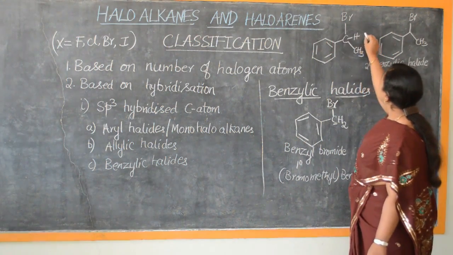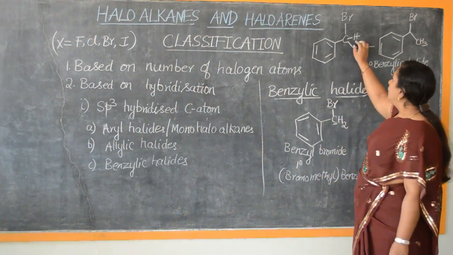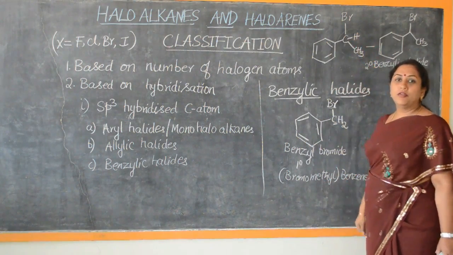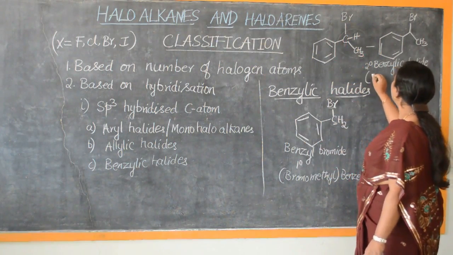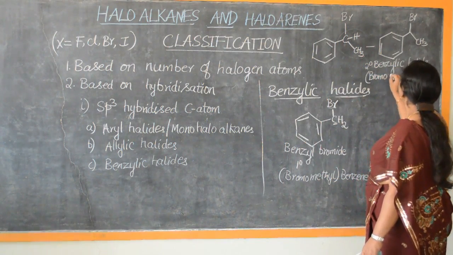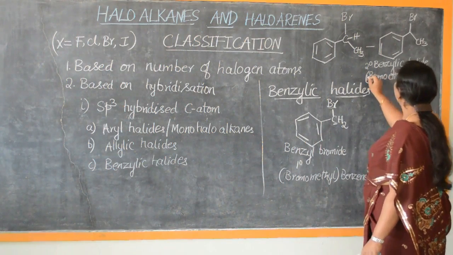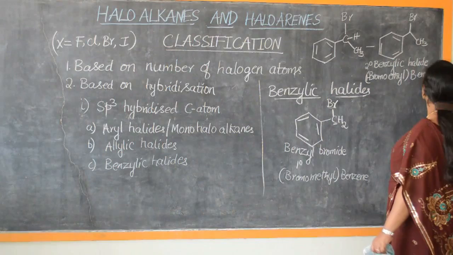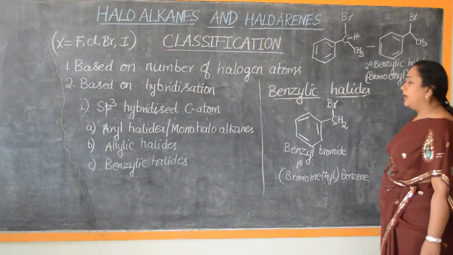If we consider this much, this becomes an ethyl group. This ethyl group has the presence of bromine, and this becomes our first carbon atom. Therefore, we can call it 1-bromoethyl, and the remaining portion is benzene. This is an example of a secondary benzylic halide.